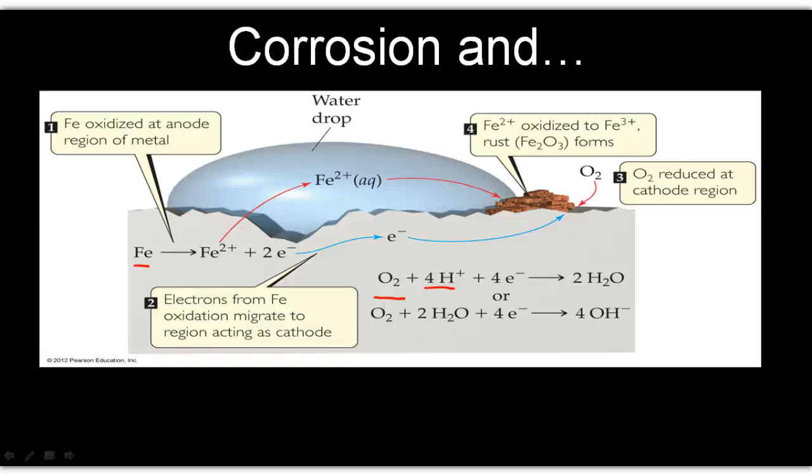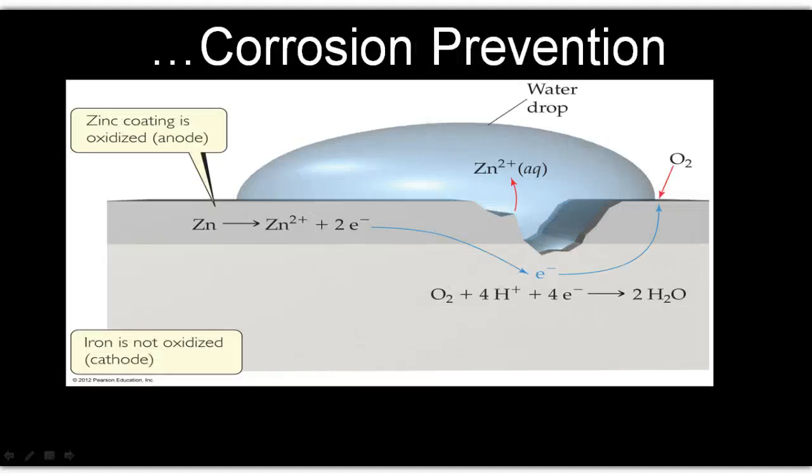So how do you prevent this from happening? Well, you can add something called a sacrificial anode, or cathodic protection. And under these conditions, what you have is something that is more easily oxidized than iron. So in this case, zinc, its reduction potential is lower than iron's. Have you heard of galvanized metal?